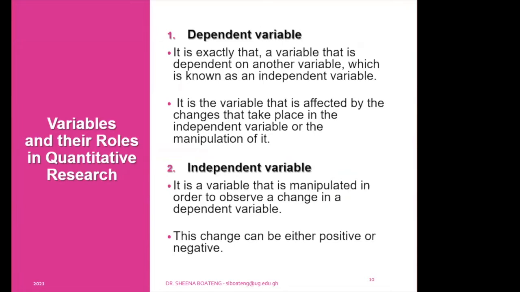So in this case, when it comes to measuring customer satisfaction, we are looking at how the other variables and factors that surround the service delivery process and the product manufacturing and delivery process influence customer satisfaction. So in this case, what variable will we say customer satisfaction is? Given that we said the dependent variable is a variable that is dependent on other variables or other factors. So what kind of variable will we say customer satisfaction is?